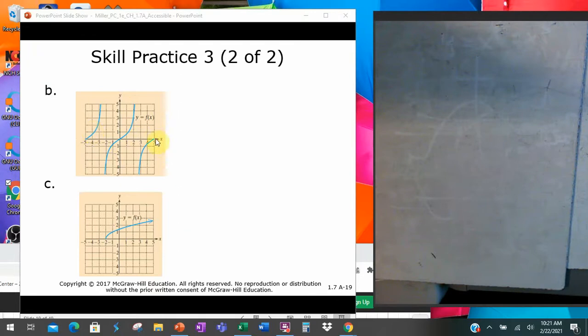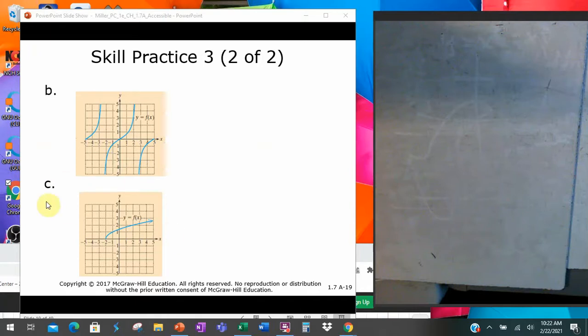If I'm positive here, I go to negative, and then negative here is positive here. This would be an odd function. This is symmetric with respect to the origin. That's what a graph looks like that is symmetric with respect to the origin. So therefore, it's an odd function.